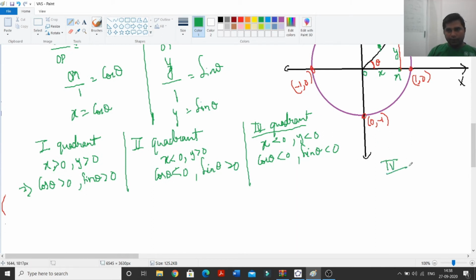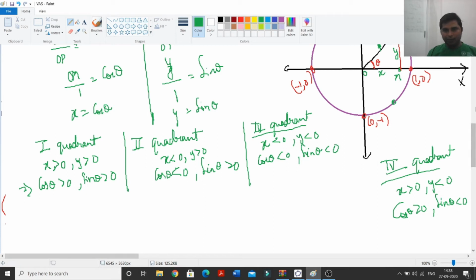In the fourth quadrant, any point P you take, x will be positive and y will be negative. So that means cos theta is positive and sin theta is negative. This we have already discussed above based on the graph.